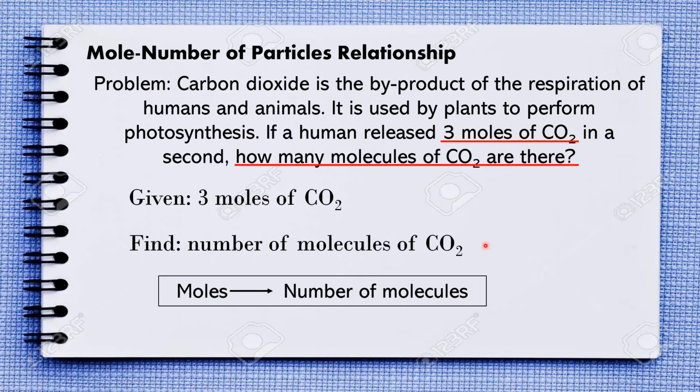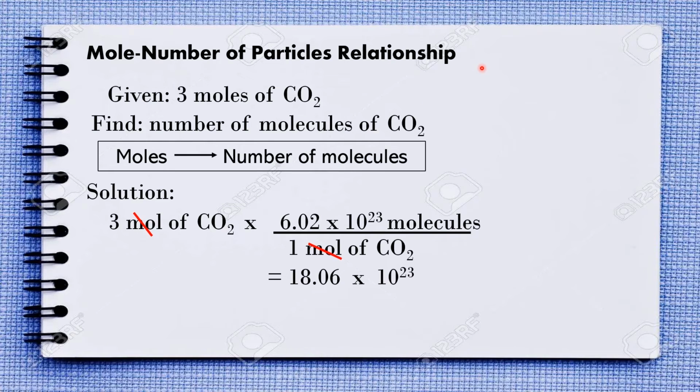So our conversion is from the number of moles to the number of molecules. For our solution, 3 moles of carbon dioxide times 6.02 times 10 raised to the 23rd power of molecules divided by 1 mole of carbon dioxide.